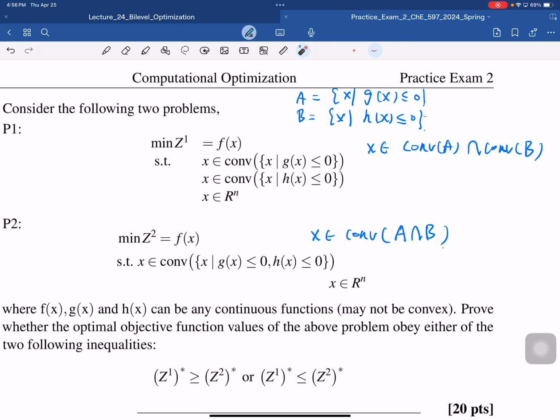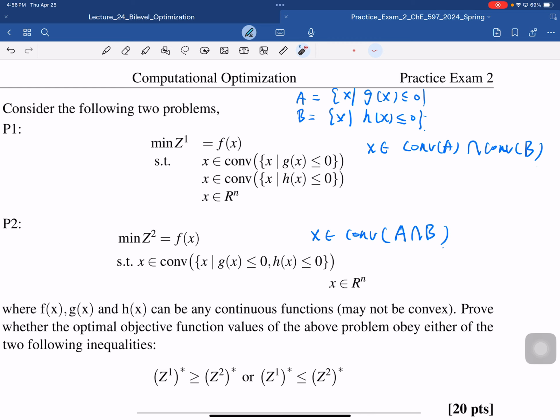The first one is that you convexify two functions separately. If you think about deriving convex relaxation, you have a bunch of constraints, and you are convexifying two sets of constraints separately. And the second case is much harder: you consider all the constraints simultaneously, and then you get a convex hull. Okay.